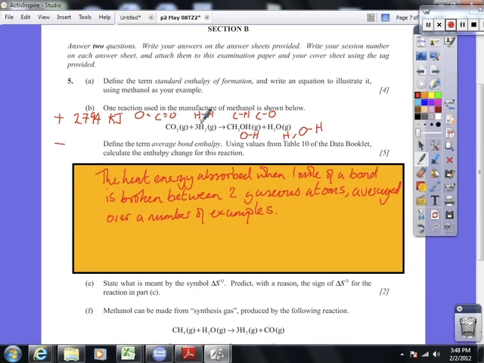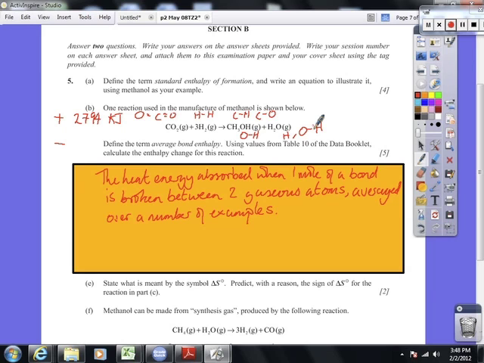Bonds made are going to be 3 times 412. It's 3 of carbon-hydrogen bonds. It's going to be 360, that is the carbon-oxygen bond, and it's going to be 3 oxygen-hydrogen bonds at 463.